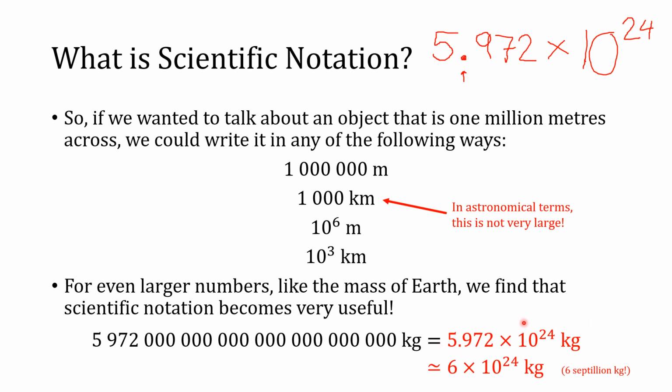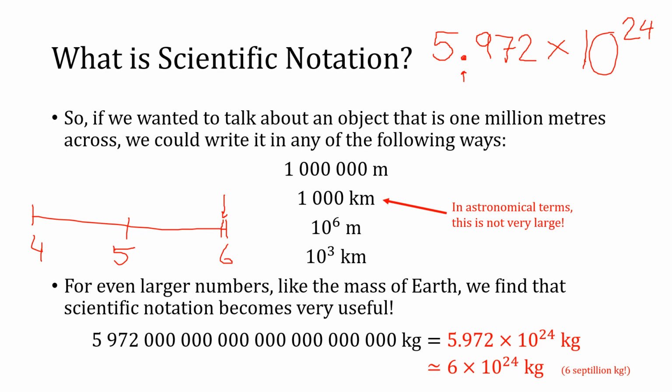And what we can do if we want to simplify our lives a little bit further, looking at this very last line here, is that I've changed the 5.972 into a 6. If we're looking at a number line and we've got, let's say, 4 over here and 5 over here and 6 over here, 5.97 is like right there. So that's basically 6.